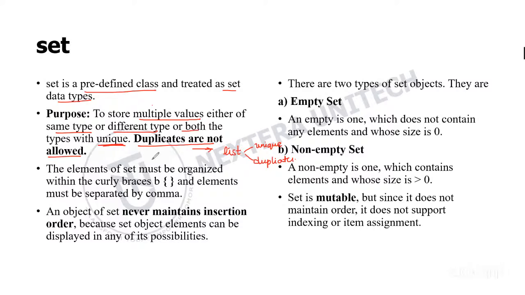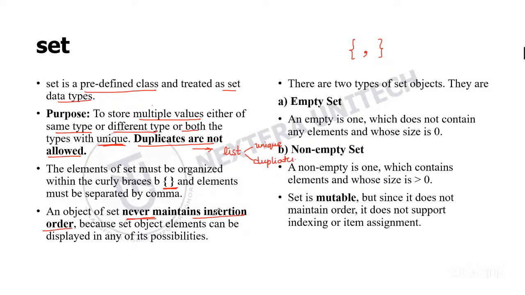So here, sets are defined by curly braces. If you want to mention any set, you should use curly braces and separate the elements using commas. And then our set won't maintain the insertion order.